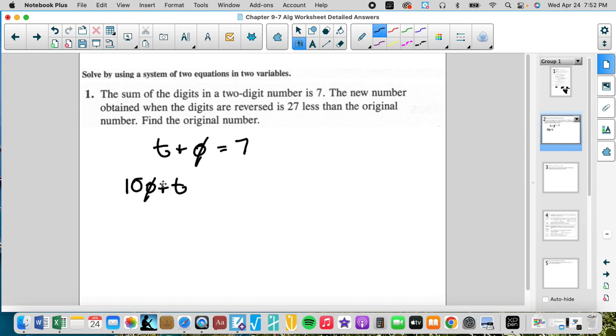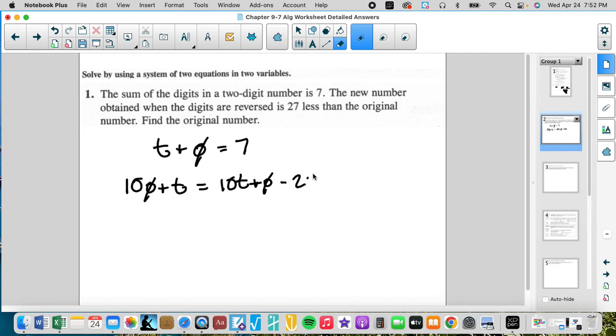So if I take the original number, which is 10 times t plus o, the ones place, minus 27, sorry. So if I subtract 27 from the original number, it should equal my number reversed.